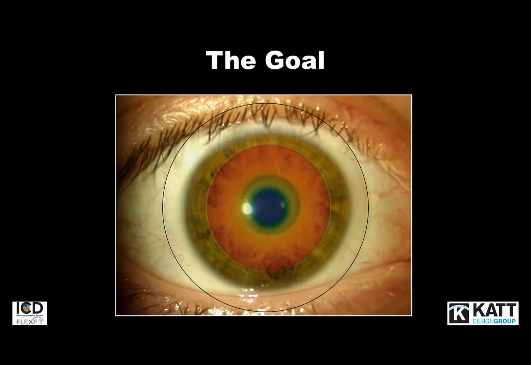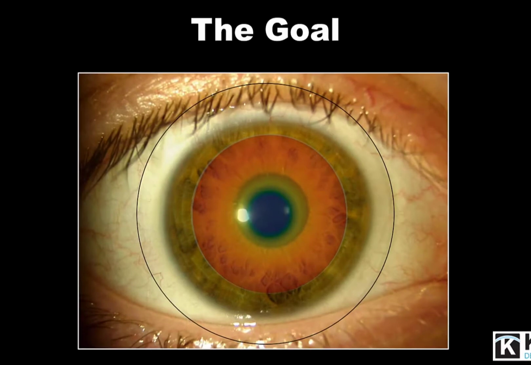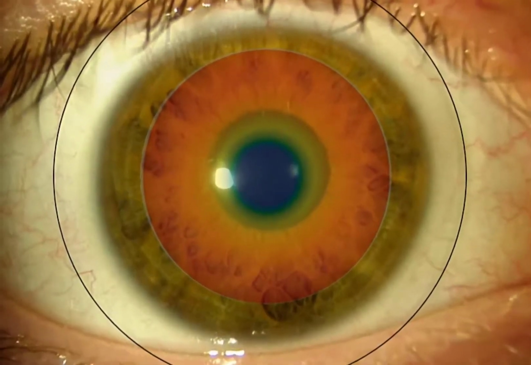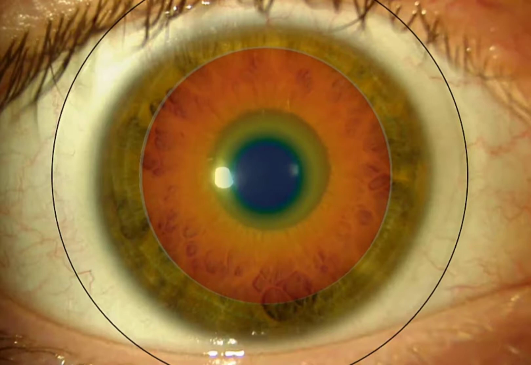Although it's a complex lens design, there are very simple, logical, and straightforward fitting considerations for the practitioner. One of the principal fitting goals is to center the lenses, place the multifocal optics over the pupil. The second consideration is to ensure the full range of multifocality is delivered within the diameter of the pupil.